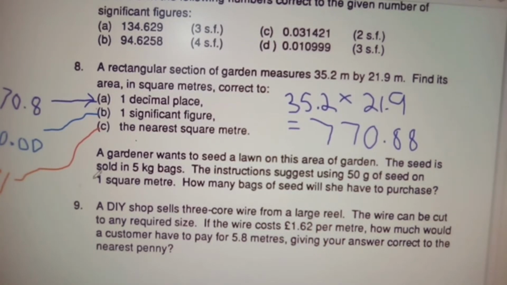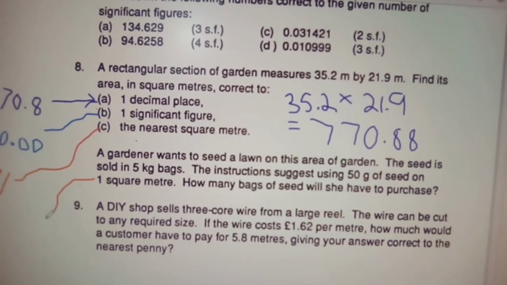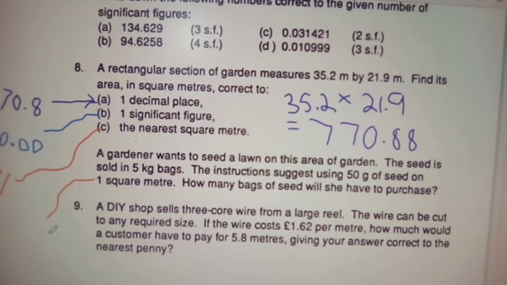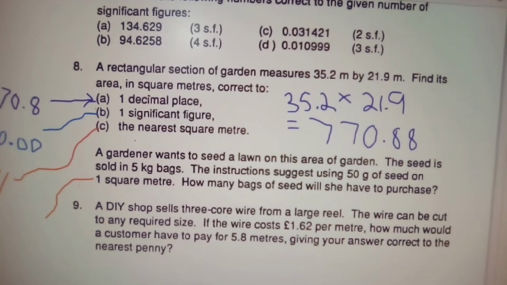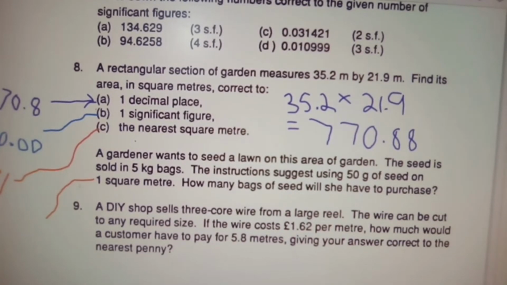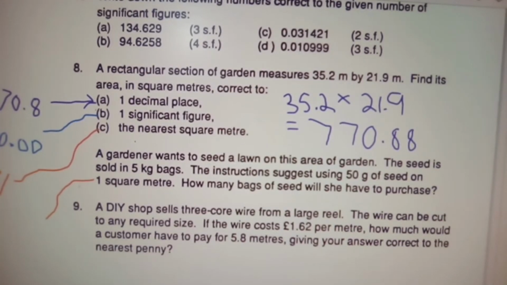And for this question here, you're going to want to see it's 771 square meters. The instructions suggest using 50 grams of seed on 1 square meter.